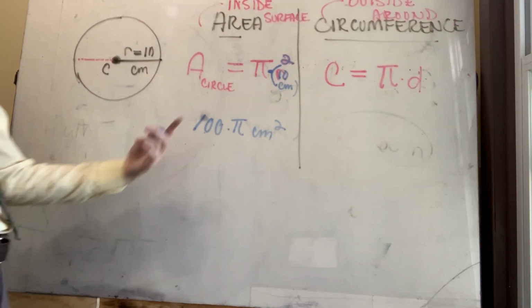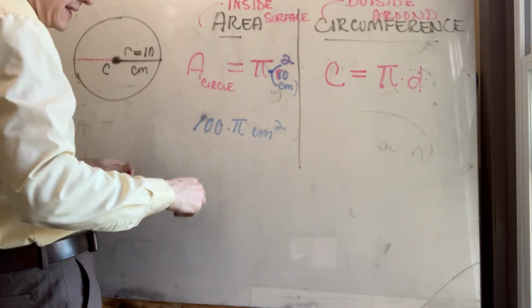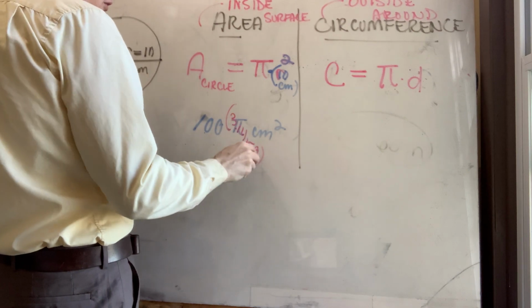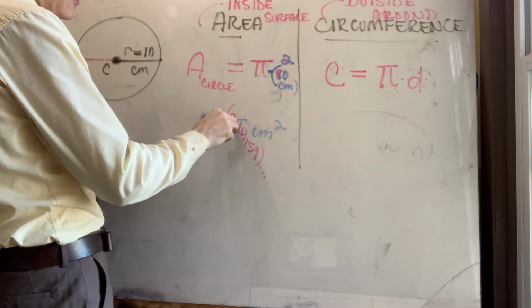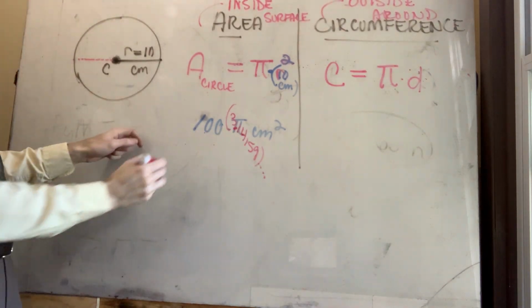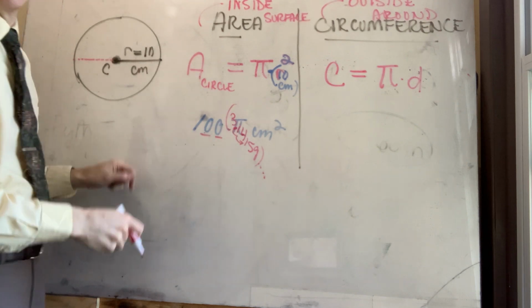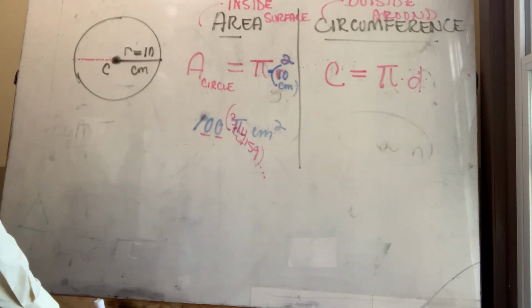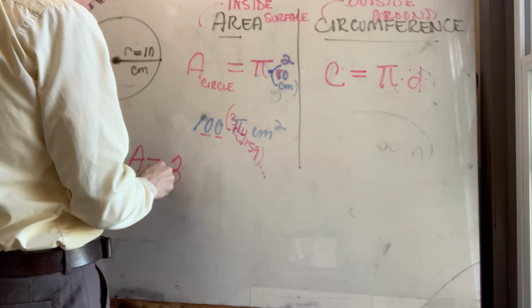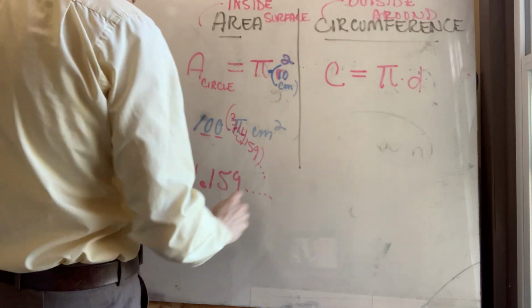You can now use your calculator and substitute for pi if you want to do it by hand. 3.14159, whatever it is, into infinity. Right? And take advantage of the fact that if you're multiplying by 100, the effect is that if you have two zeros here, you're simply going to scoot the decimal point over 2 spaces to the right, which means that your area is going to be 314.159, whatever it is, into infinity.